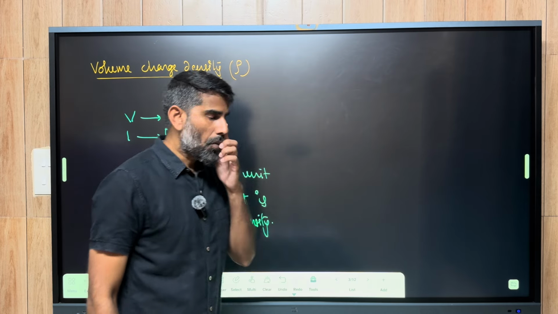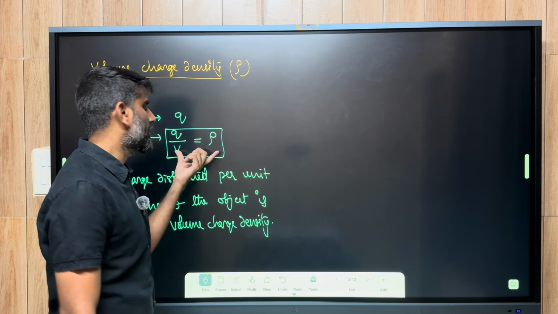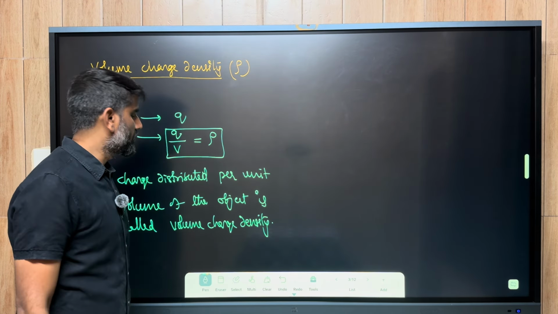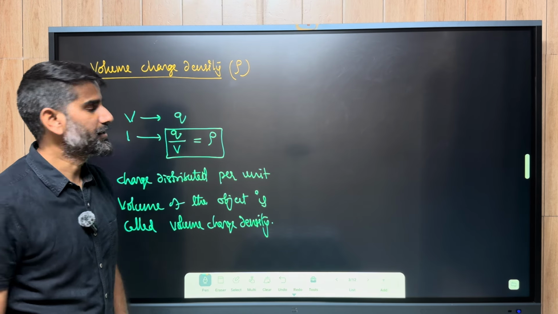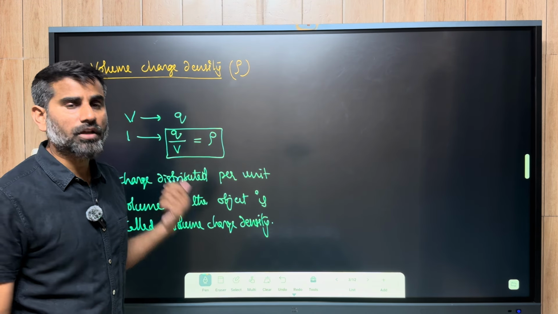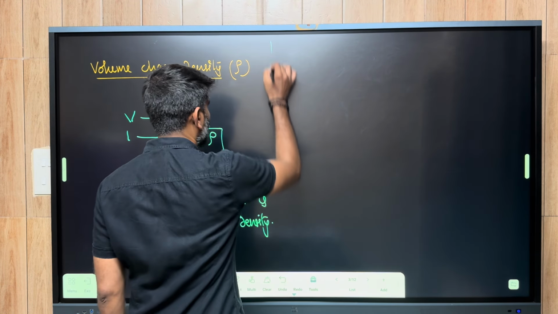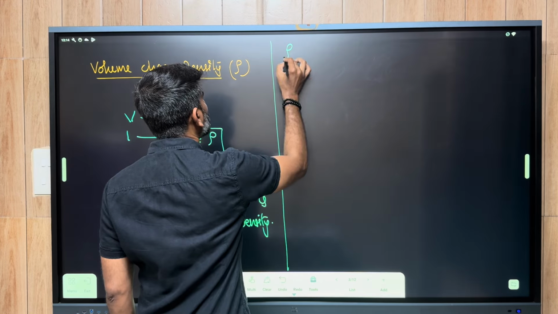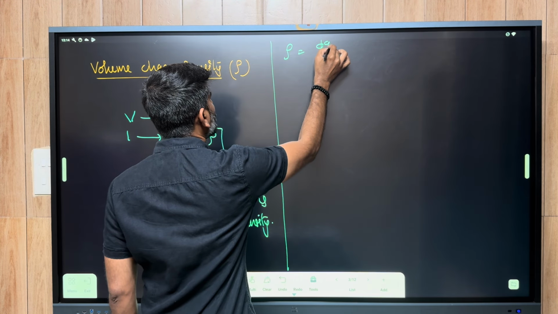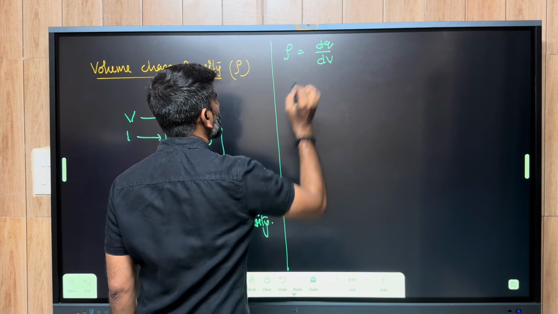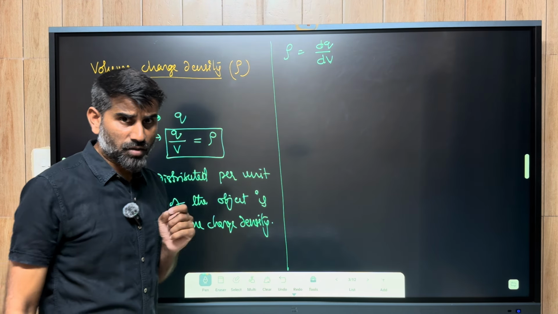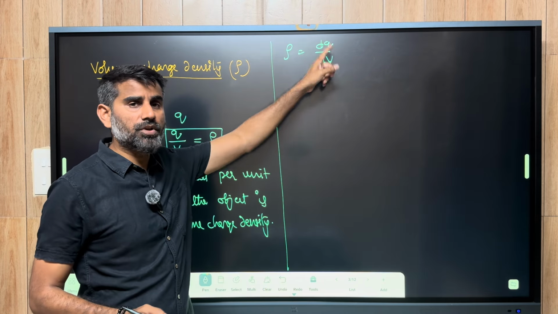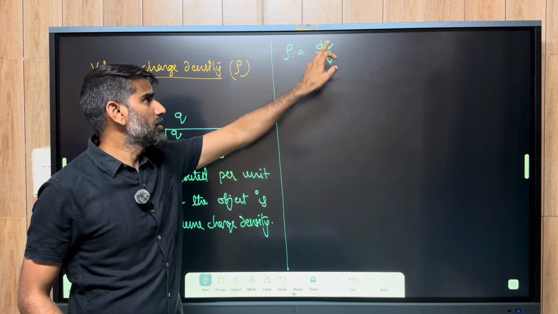We have obtained the formula and defined volume charge density. Now, if you want to write the calculus form of volume charge density, rho is equal to dq by dv, where dv is the small volume in which the charge dq is distributed.